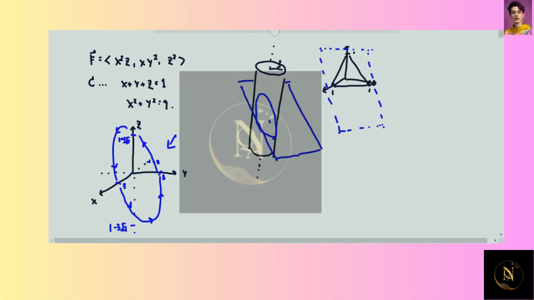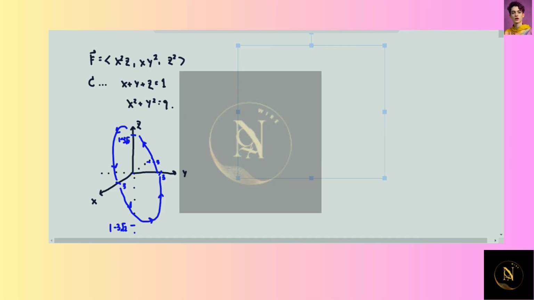Okay, so let me get rid of those. Now the parametrization. Using a cylindrical coordinate system would be really helpful here. I can say that x equals r cosine theta, y equals r sine theta, z equals z, but I want it in terms of r and theta.